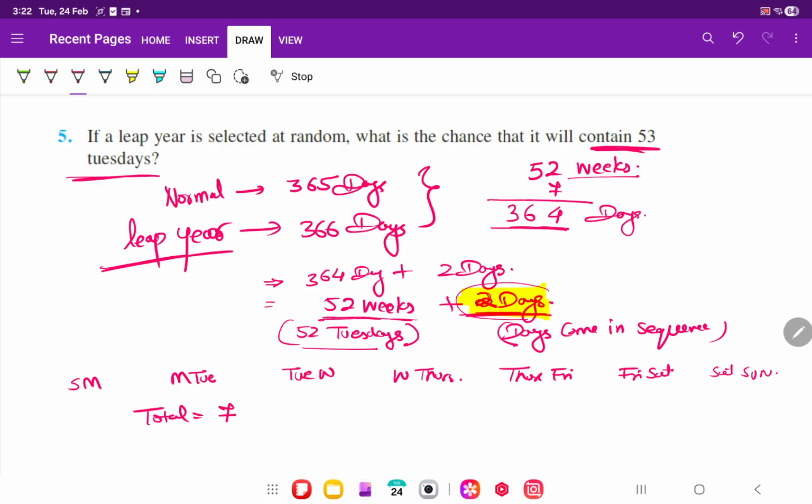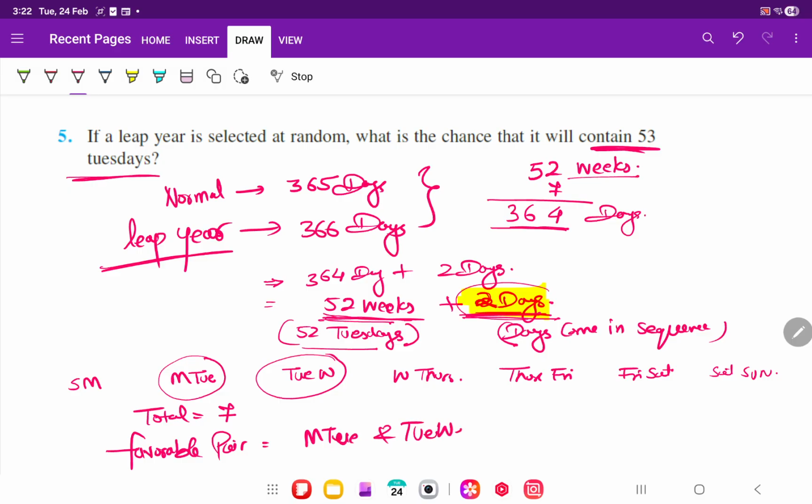Out of that, which one is favorable? We want that out of those 2 days, one should be Tuesday, so that total 53 Tuesdays are there. Correct, because 52 Tuesdays are there in 52 weeks. But for one more Tuesday, the favorable pairs are these two: Monday, Tuesday and Tuesday, Wednesday.